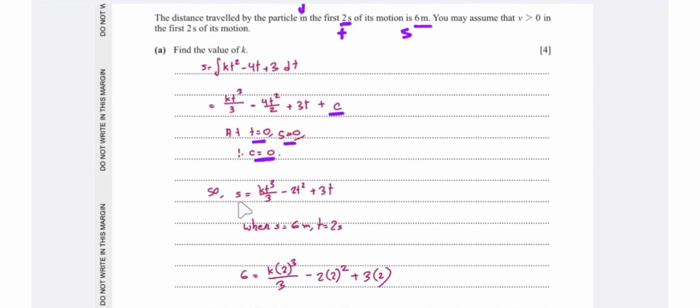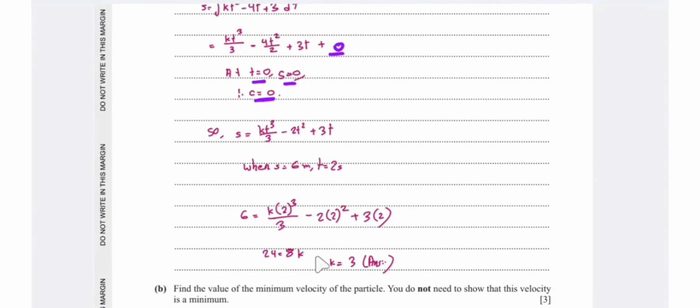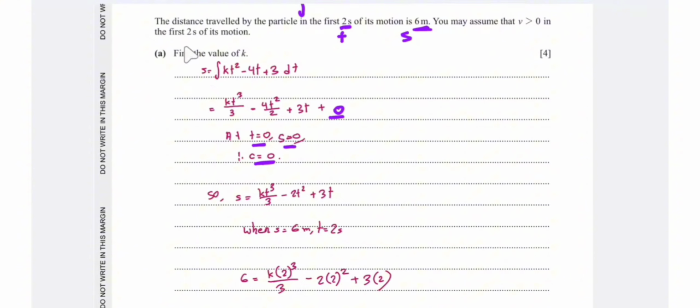So we get the displacement equation in this format, where c is 0, expressed in terms of t. We know the displacement is 6 meter and the time is 2 seconds. After substituting the values, we find the value of k as 3. So the value of k is 3.